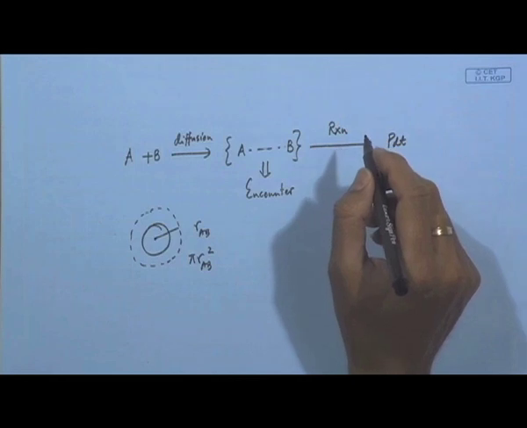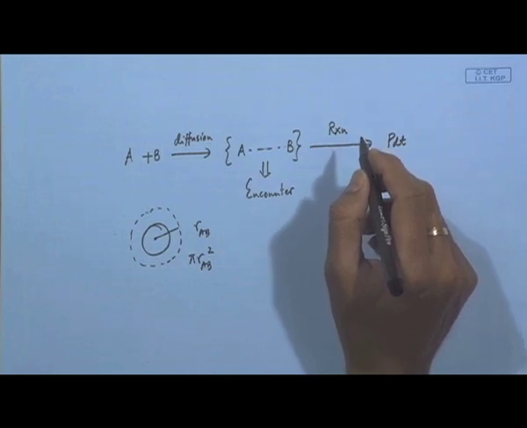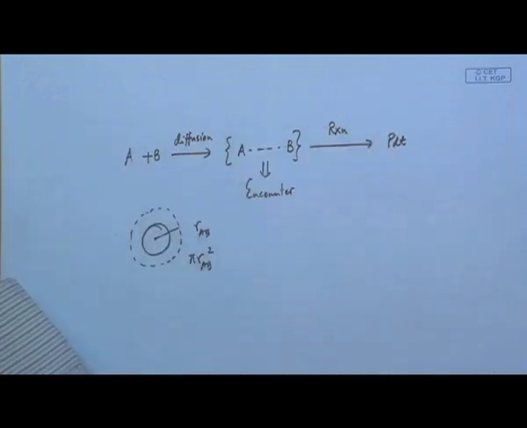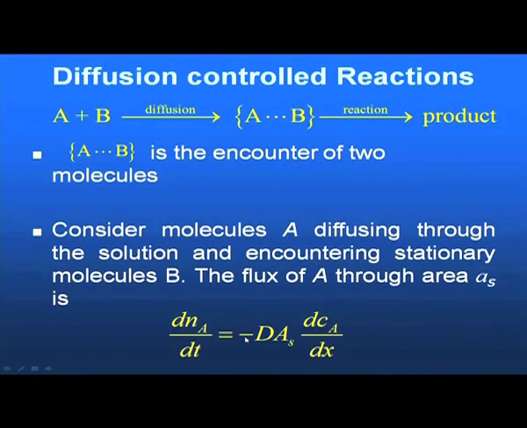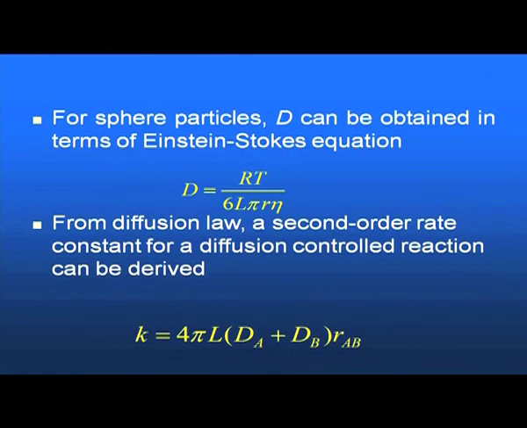Okay, so flux of A through the area AS is given by dNA/dt is equal to minus of dAs dCA/dt, where D is your diffusion constant, diffusion coefficient. For spherical particles, D can be obtained in terms of the Einstein-Stokes equation.